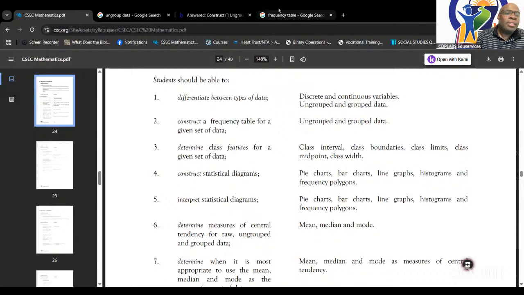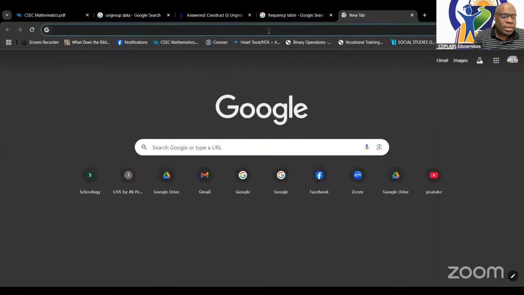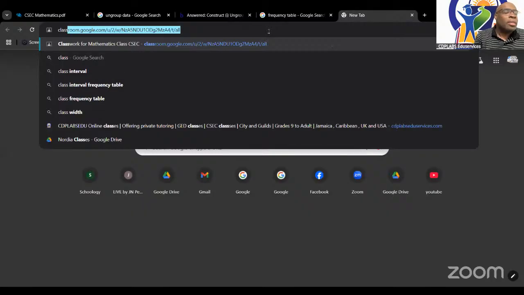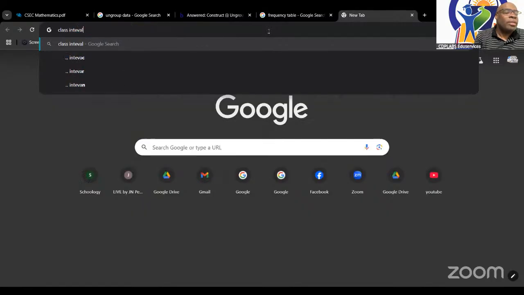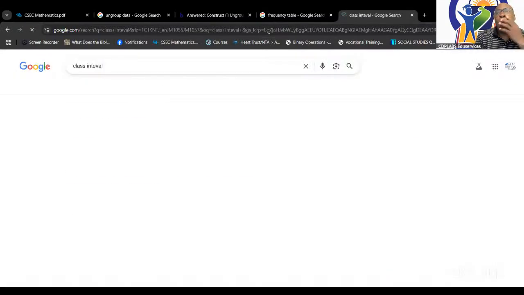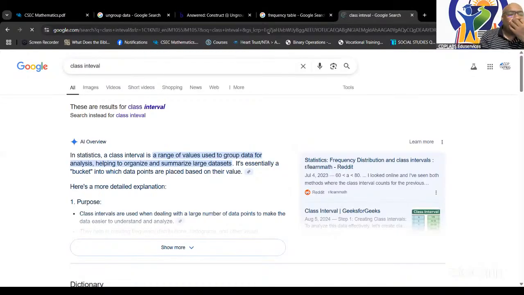Now, class interval. Let's look for a proper definition of class interval. In statistics, a class interval is a range of values used to group data for analysis.